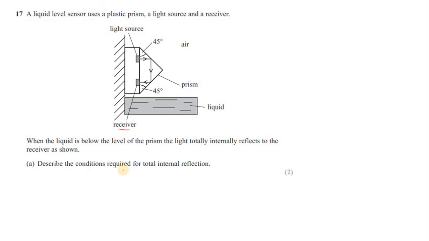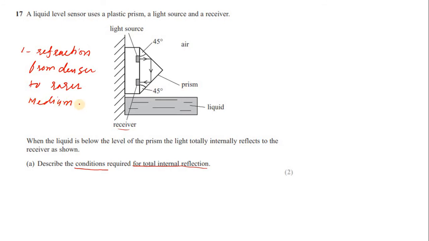Now describe the condition required for total internal reflection. A typical definition, the conditions for total internal reflection. Number one, the first condition is we should have refraction from denser to rarer medium. This is the first condition.